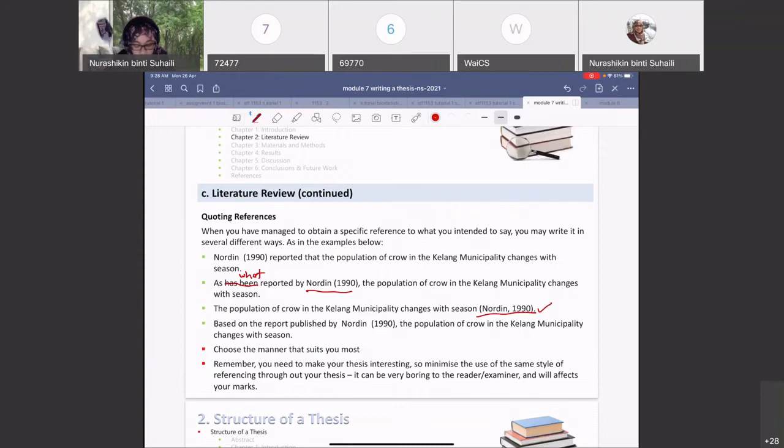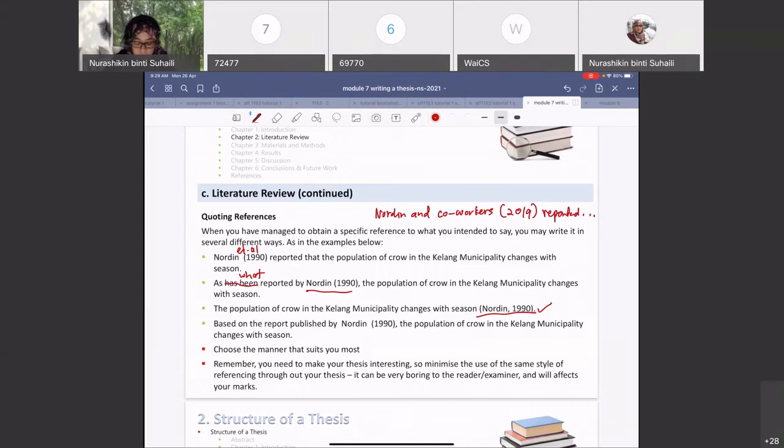You can also, let's say it's Nordin et al. here. You can also use the word Nordin instead, if you want to vary it and make it something different from the source. You can also say Nordin and co-workers. This is the usual term used for citing. Yes, co-workers, 2019, for example, reported that.